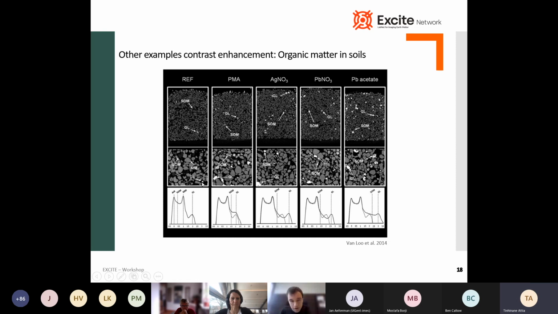When you use a contrast agent, then you can increase the attenuation of the soil organic matter, and it becomes brighter, which is also visible on the attenuation graphs of the different phases, the grayscale of the image. Here it's also important to take into account which contrast agents work best for what you're interested in, because you can easily increase the attenuation of soil organic matter in this case, but you have to make sure that it doesn't come too close to the gray value of the glauconite, otherwise you create other problems.